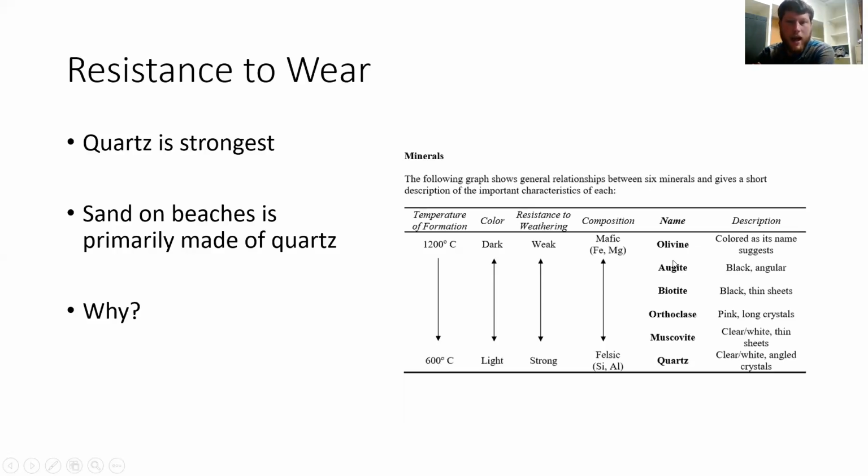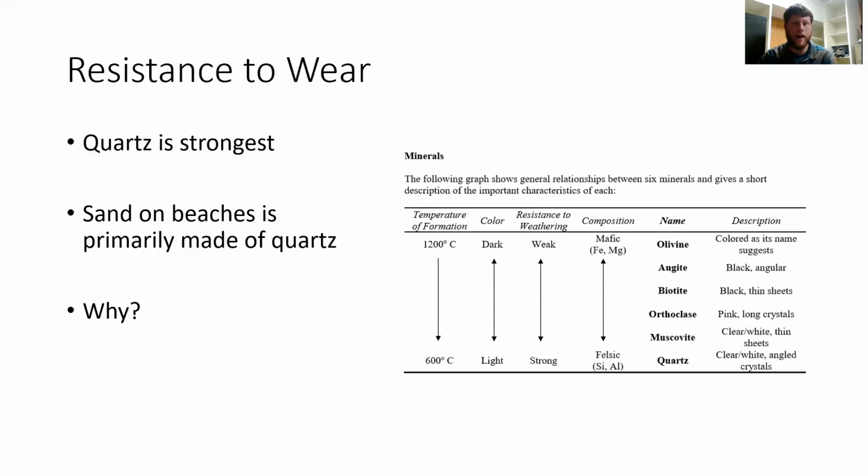This process comes from this temperature directly. When a mineral has a little bit more time to cool, if you remember from your textbook and from the lecture, you know that the lower the temperature it forms at, the stronger its crystals are and the stronger it is to weathering in the future.